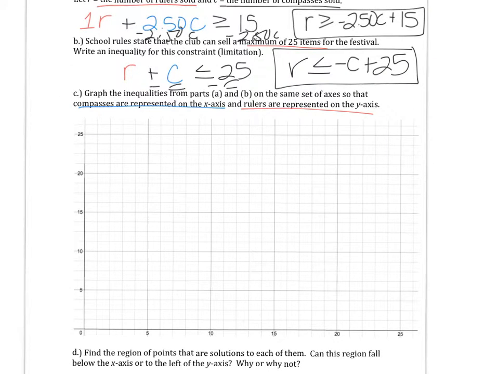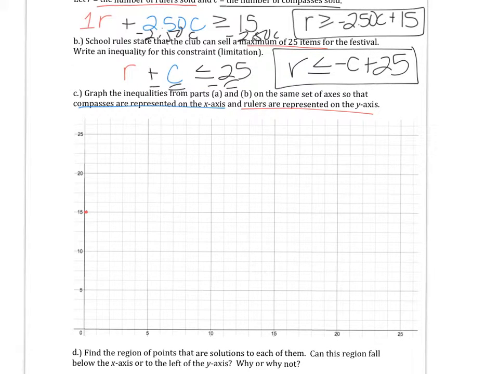For my first inequality, Part A, we know that the y-intercept is going to be 15, so we plot that point, and our slope is negative 2.50. We could think about that as a fraction, negative 5 over 2, so we're going to go down 5 units over 2 and find our next point.